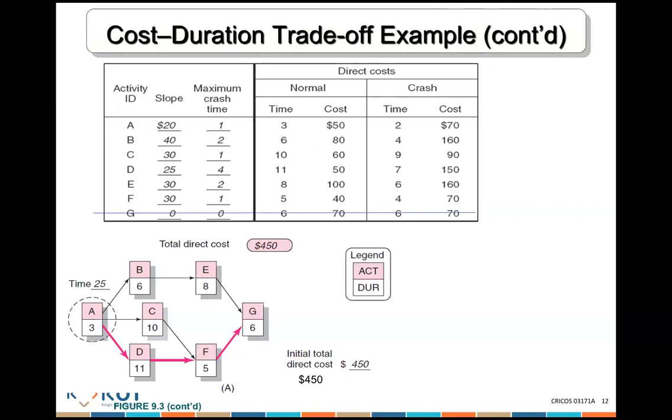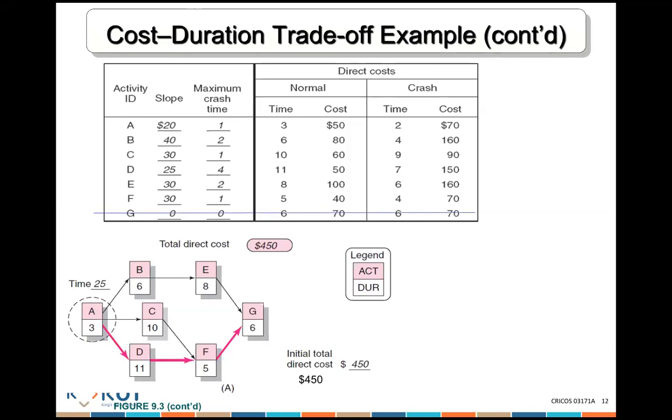F. So F is going to cost me $30. Is that the cheapest? No, sir, activity A. A is going to be the cheapest.